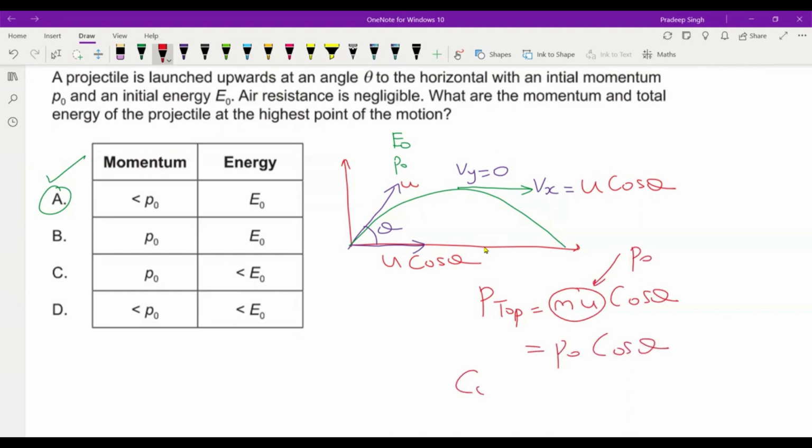And then we just use cos theta is less than 1, and hence momentum at the top is less than p naught. But fine, your approaches are also correct. Option A. Moving ahead, next question.